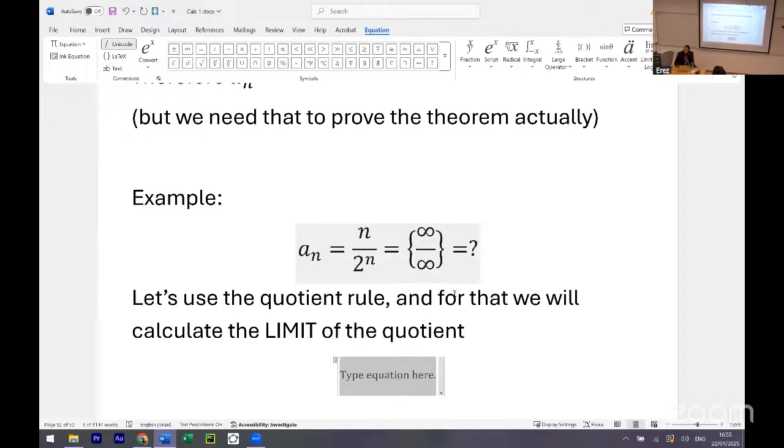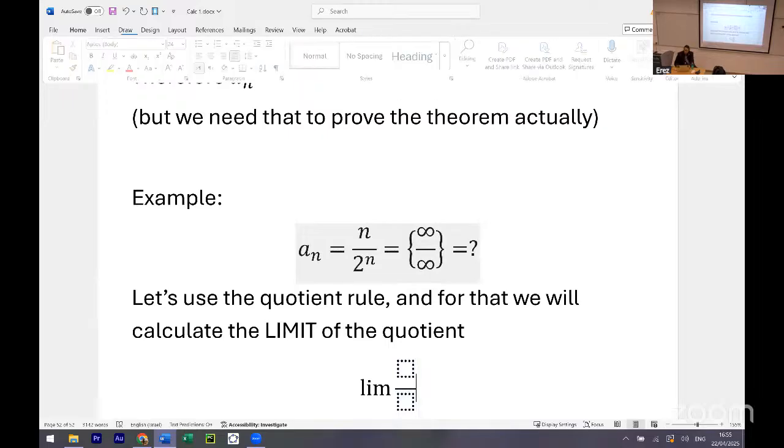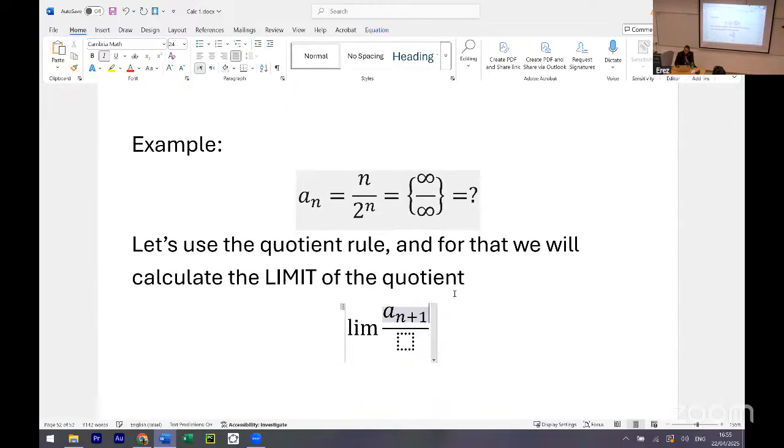So what is the limit of the quotient? The quotient is a_{n+1} over a_n, which is, instead of dividing, I will multiply by the inverse.